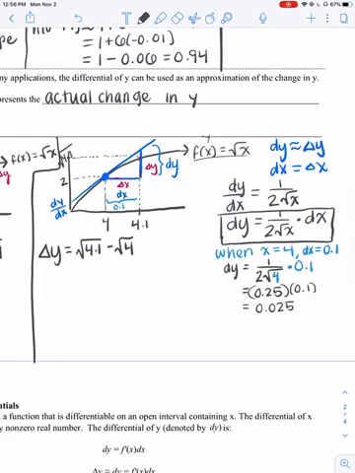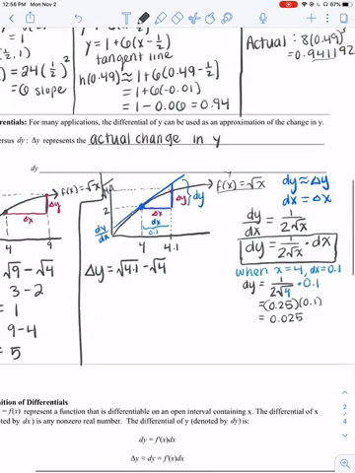And remember, dy approximates delta y because dy should be quite close to delta y, depending on how far away you go from your x value. So let's write it out now.